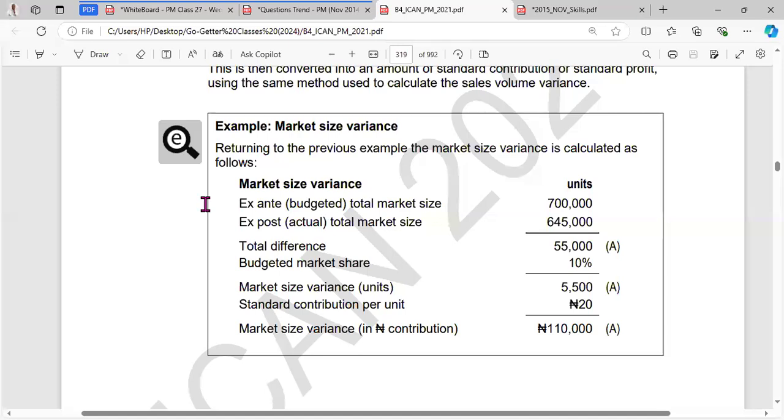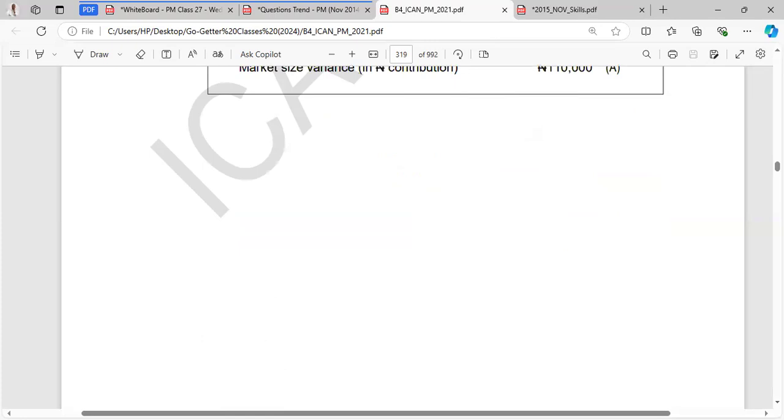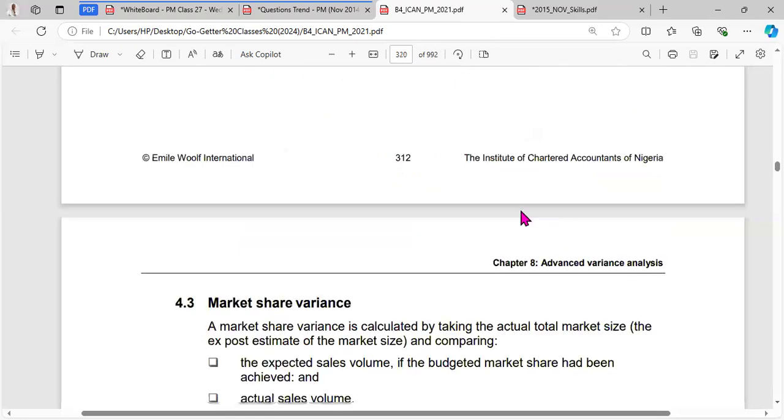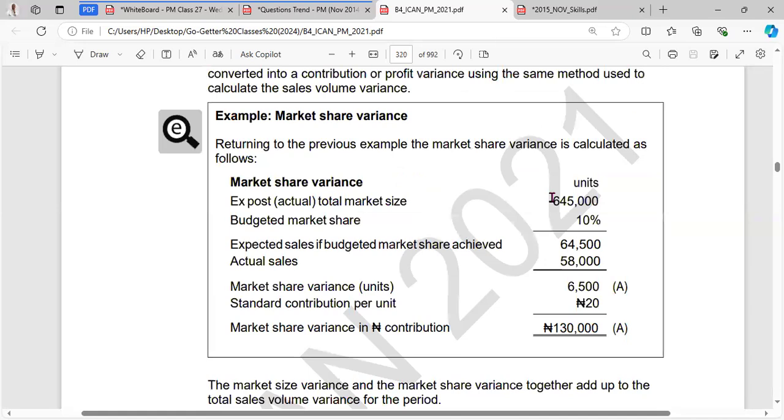From the market, find your expected variance. This is your planning variance, 110,000. Then your operational variance: the market was 645,000 and you expected to take 10% from your budget.